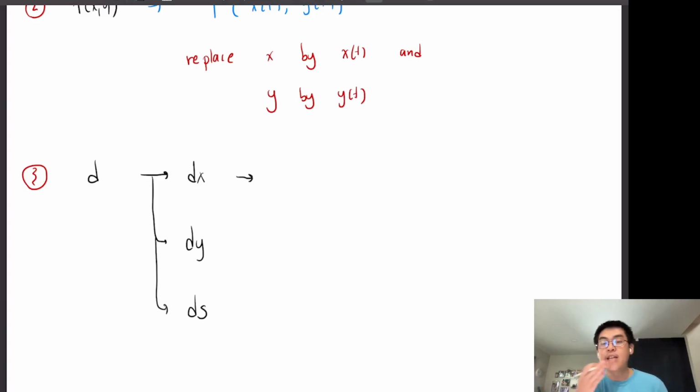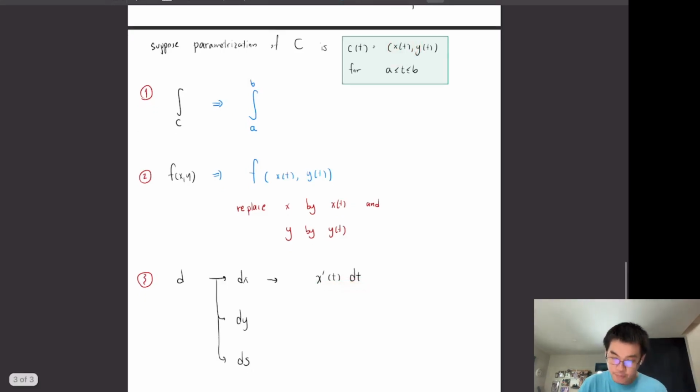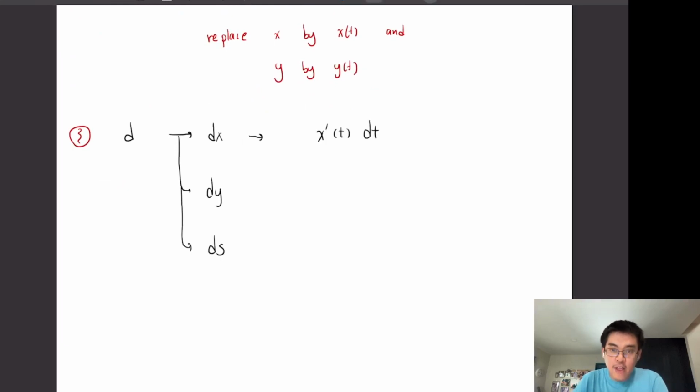So you see dx, you just differentiate x to become x prime, dt, right? And where do you get x? Well, you get x by the same formula up there, right? You differentiate that, you get x prime(t), and then you multiply by dt. And then we do the same thing, right? dy, you do y prime(t) dt, and then ds is the annoying one.